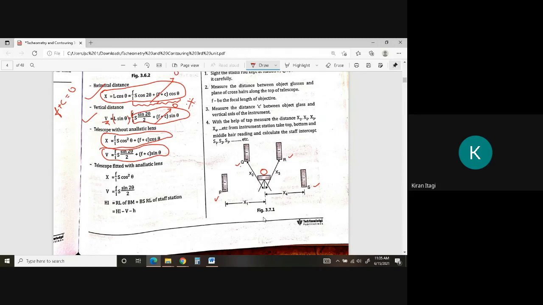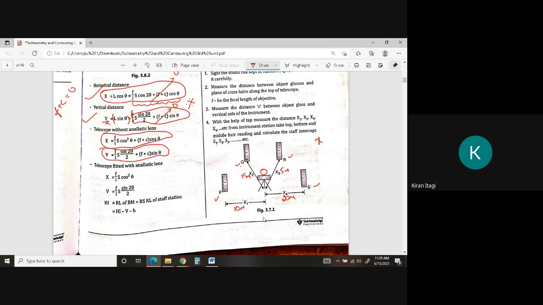First I set up my instrument here and keep the tachymetric rod at station P at, say, 10 meter, this one at 15 meter, this one at 5 meter, and this one at 20 meter away from the station.